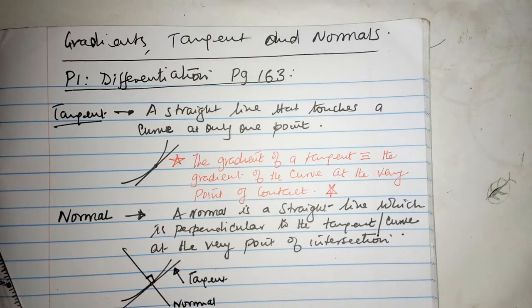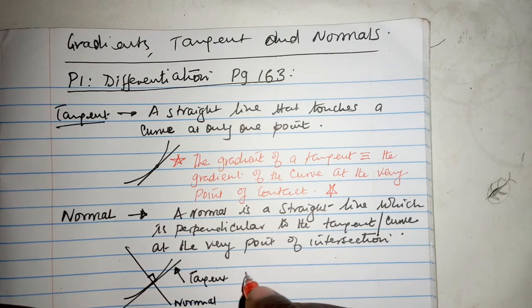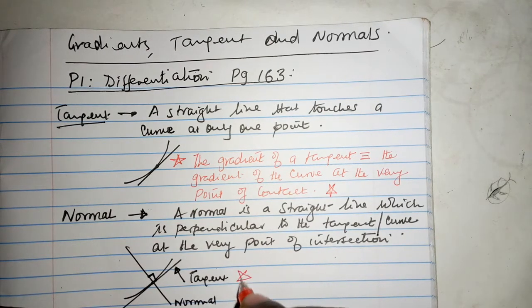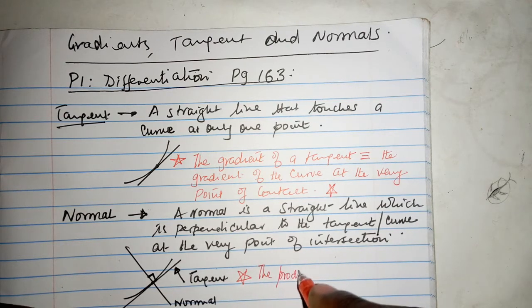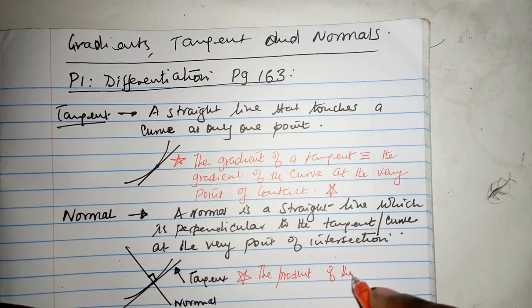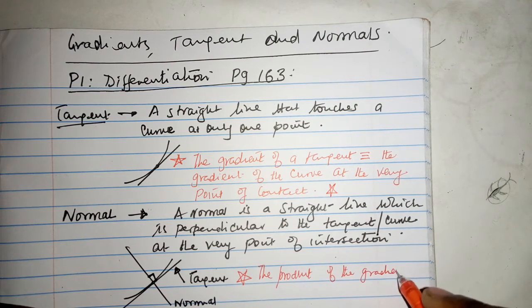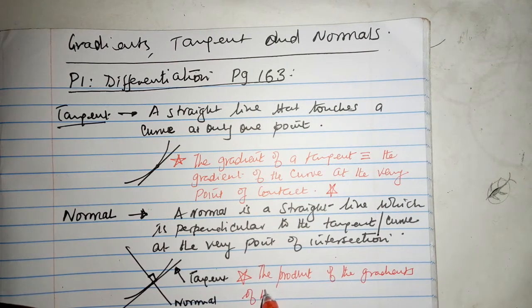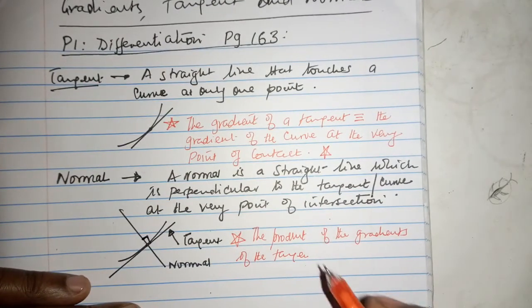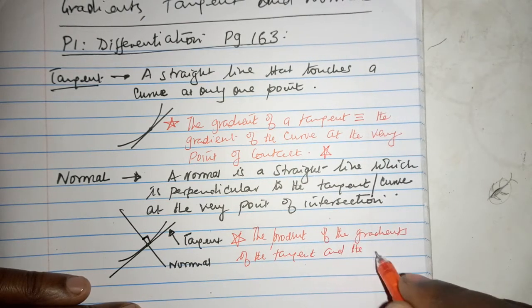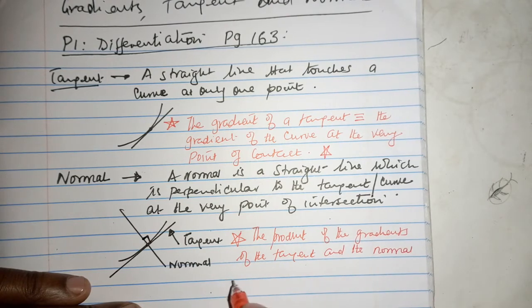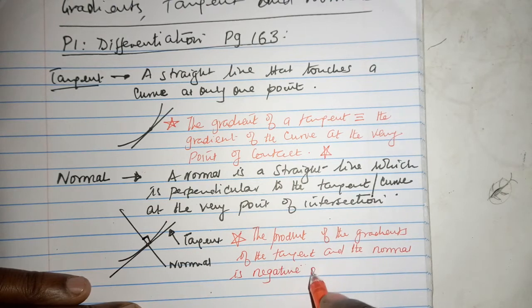The relationship between the tangent and the normal is something that you must not forget: the product of the gradients of the tangent and the normal is negative 1.